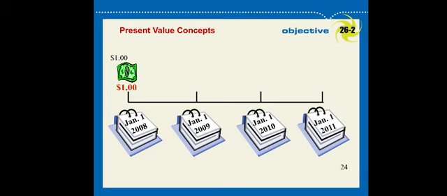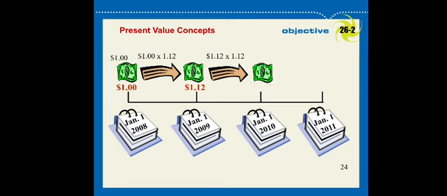Okay, so now let's say you have $1 now. In the future, it will become a bigger amount, because every year you will get interest if you keep the cash or you invest the cash. If you keep the cash in the bank or you invest, the amount will become bigger. So it shows here that $1 now will become $1.40 in the next 4 years if the interest rate is 12%.